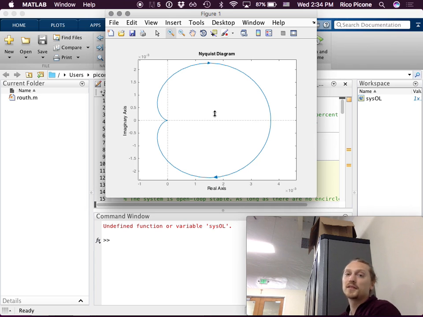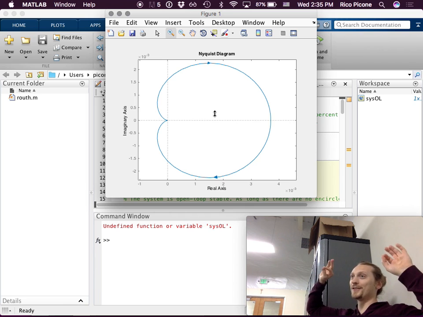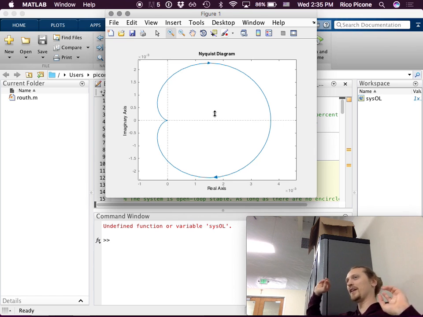But this looks exactly like what we're expecting from our root locus analysis, right? Our root locus analysis that we didn't do, but we just did in our minds, right? Oh yeah, no locus in between these two poles on the real axis. There are no zeros, so they're going to have 2 zeros at infinity.